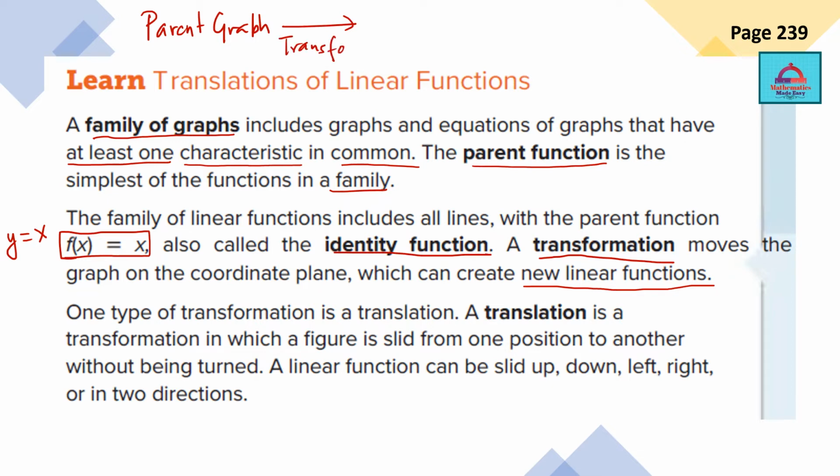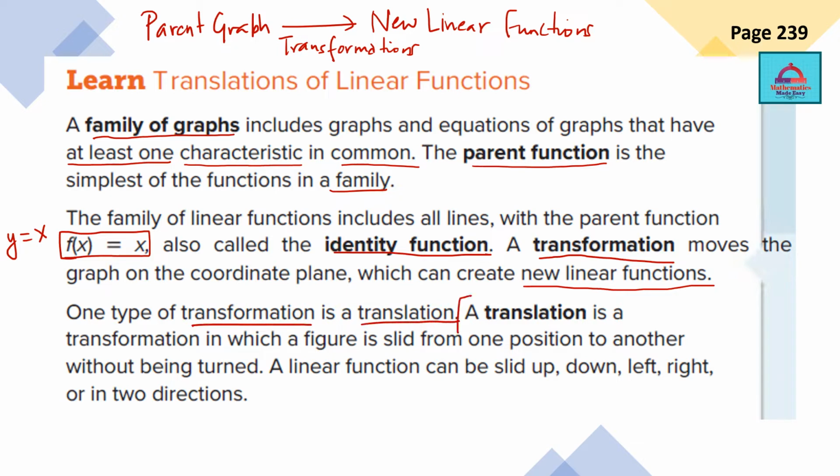As you will see in the lesson, there are three types of transformations. The first is translation, then you have dilations, and then you have reflection. So the new linear function that you get after these transformations are applied is what you need to find. Now the first type of transformation is translation.